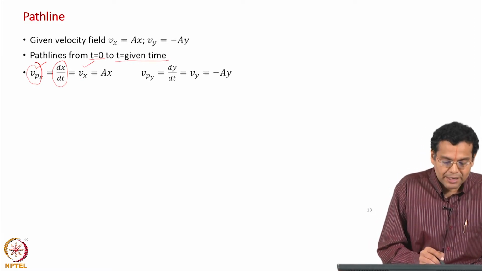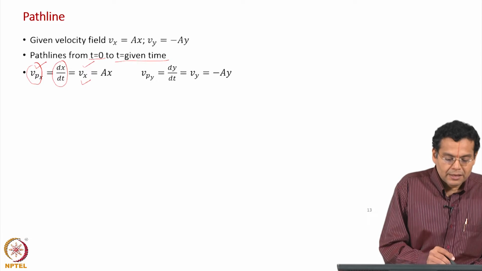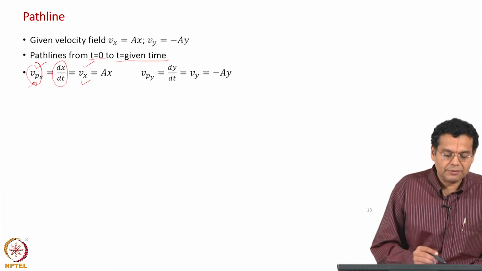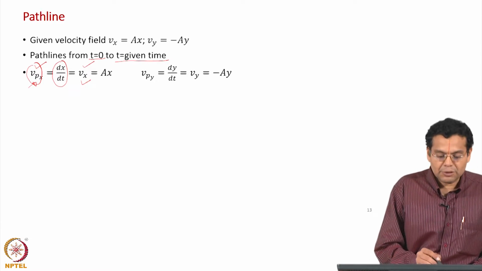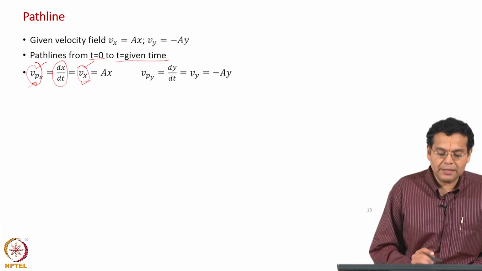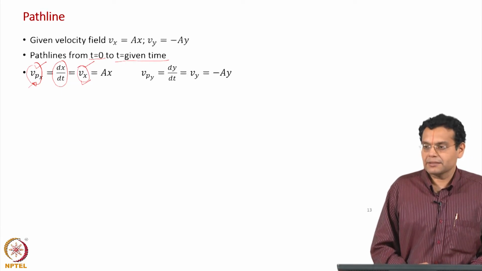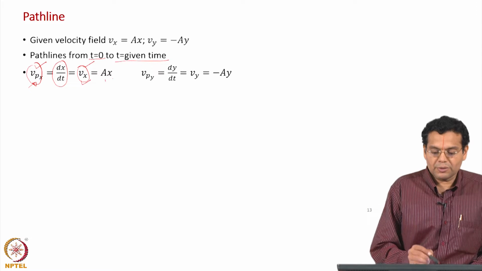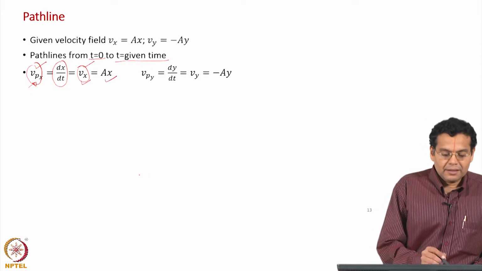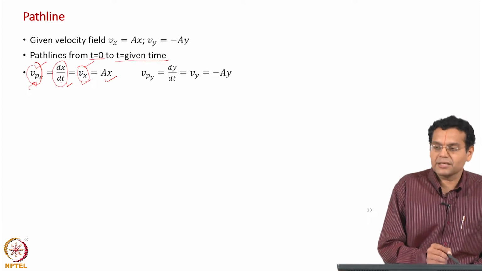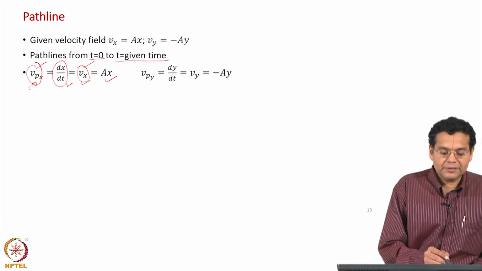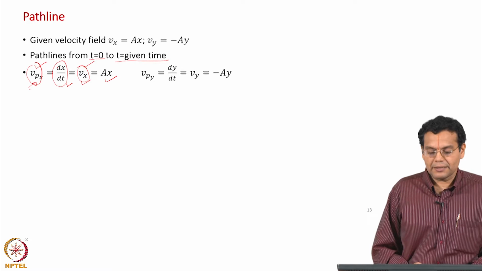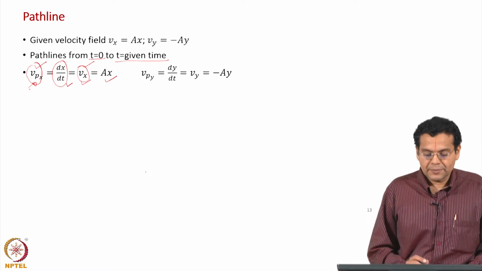That is why I equate this to Vx. When I say this, the velocity of the particle in the x direction is equal to the velocity of the flow field in the x direction, which is equal to Ax. So, dx by dt, because it is the Lagrangian viewpoint, gives the rate of change of position of the particle along the x direction.